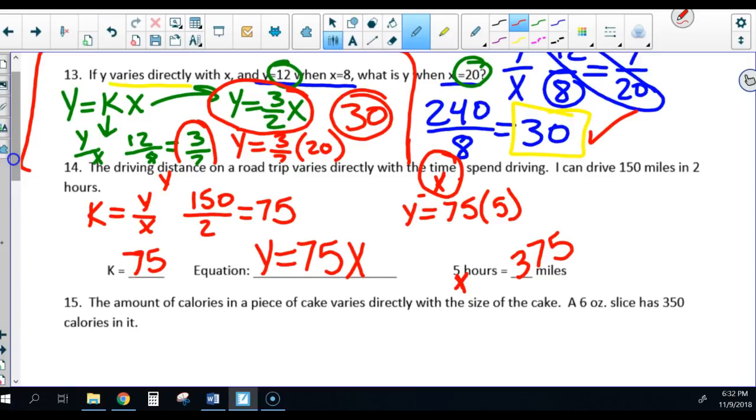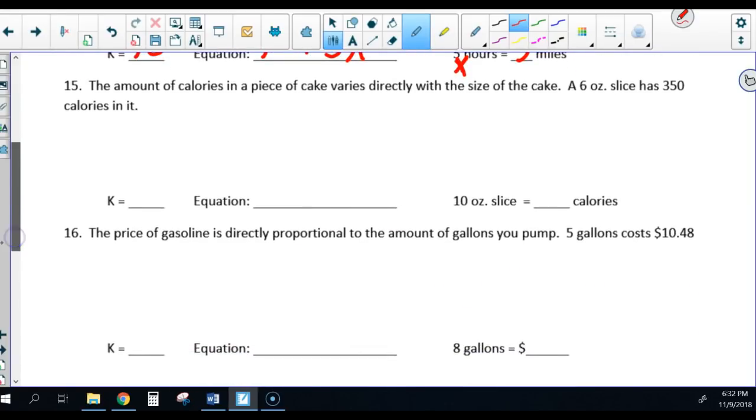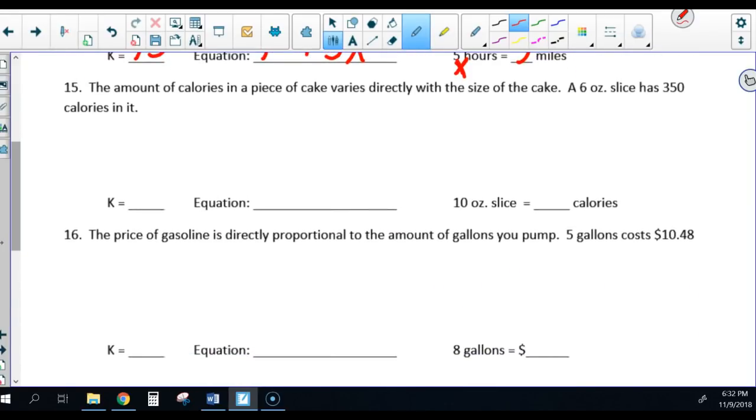Number 15. The amount of calories in a piece of cake varies directly with the size of the cake. So y varies directly with the size. Calories is y, size is x. Need a new color. Last problem was red. There we go.